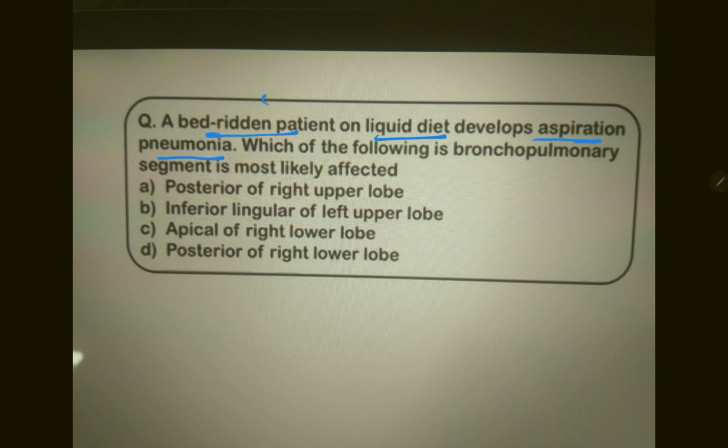Bedridden patient means this is the supine posture. A bedridden patient on liquid diet develops aspiration pneumonia.